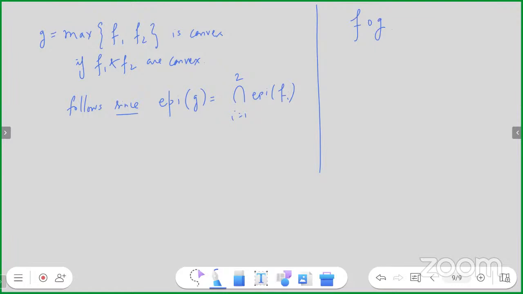What about, let's say, G be 1 by x and F be e to the power x? Legit functions, right? 1 by x is convex, e to the power x is also convex. So what will this look like? E to the power 1 by x. Is that convex?